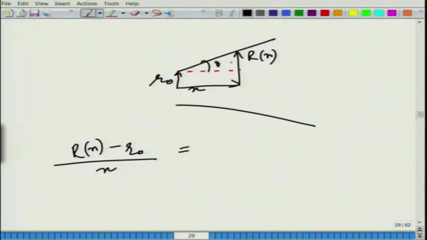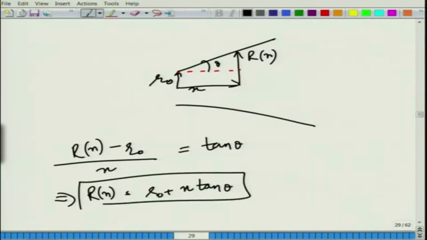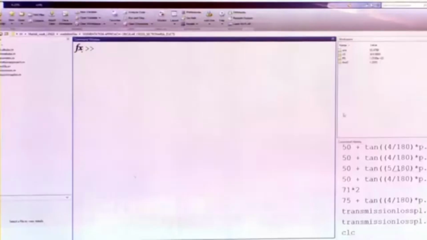This angle is theta. So, r of x is equal to r naught plus x into tan theta. We get this kind of a relation. Now, we will keep this handy, and it is time now to finally enter into MATLAB.